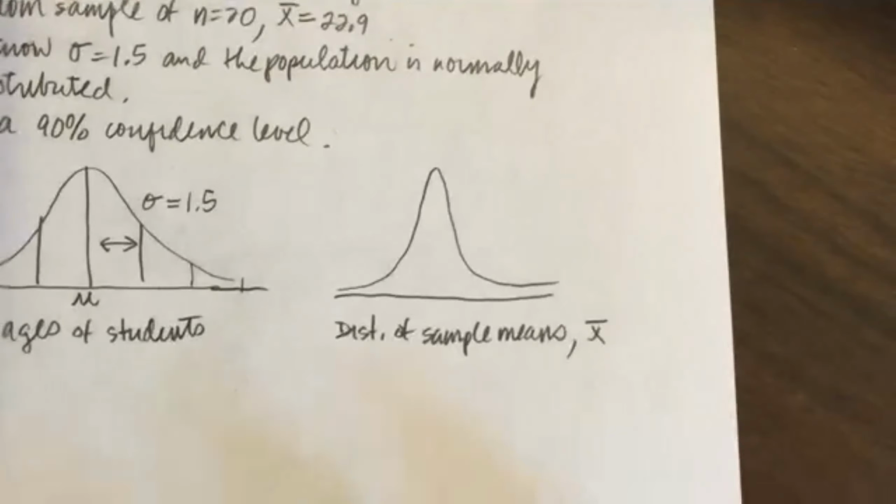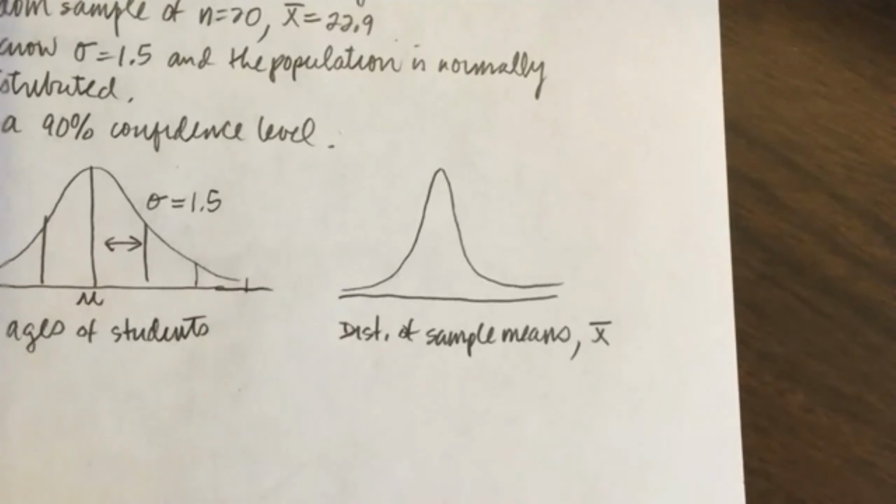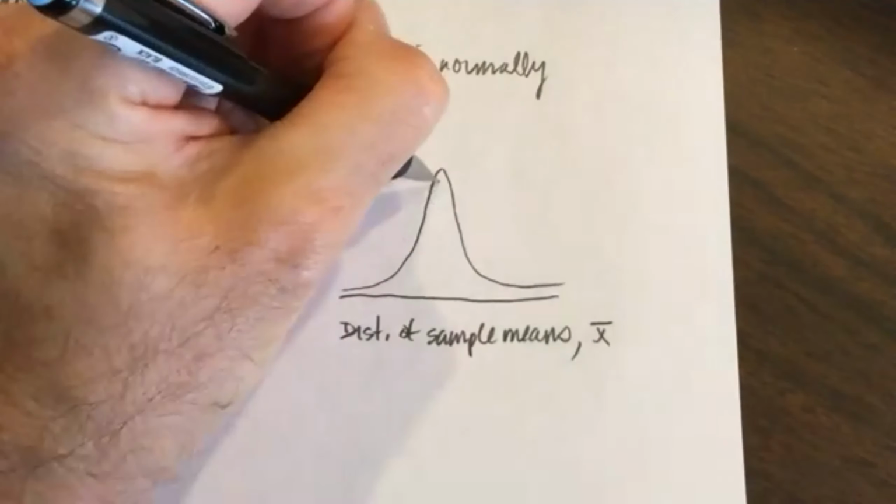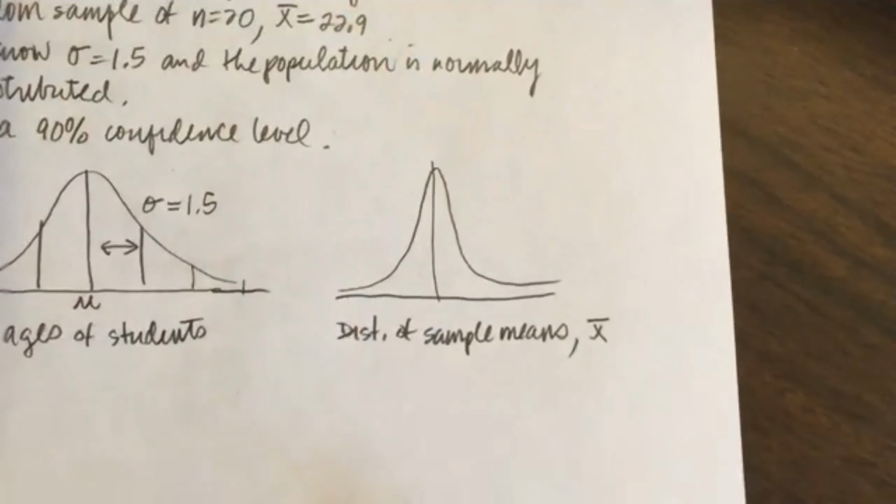Okay, so we've got one sample mean, and we would like to know, what does the distribution of all those sample means look like? According to the central limit theorem, it's going to be normally distributed, and less spread out than the population itself. In fact, we know where it's centered and how spread out it is.